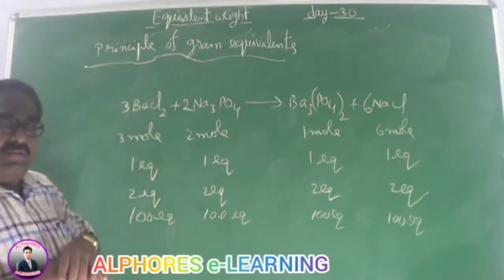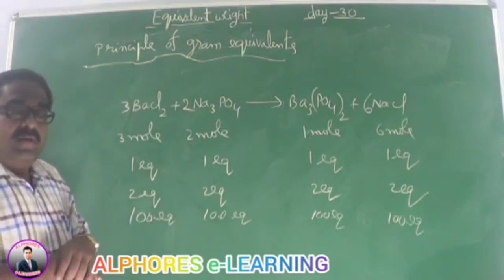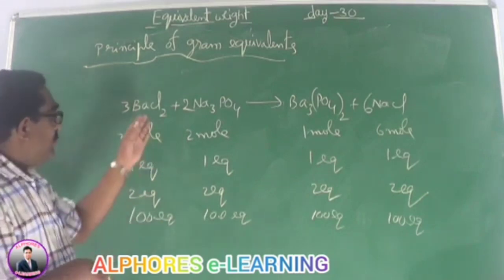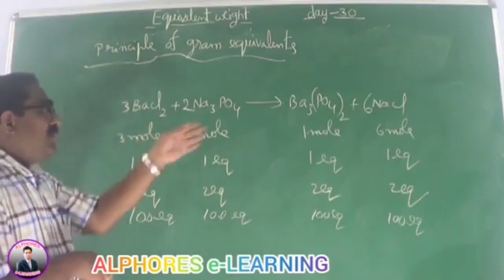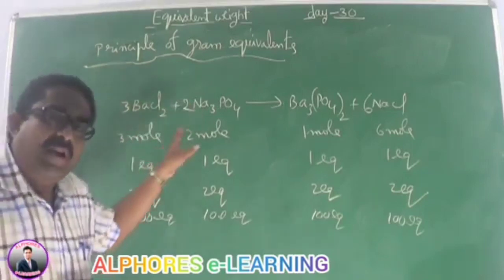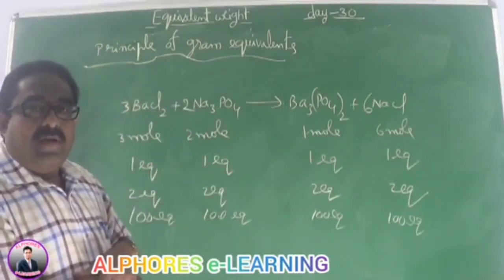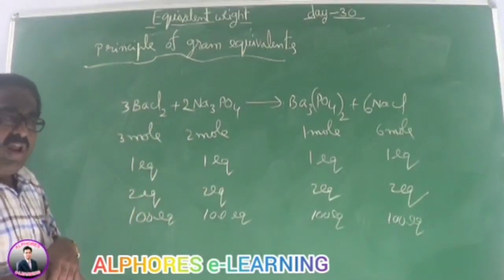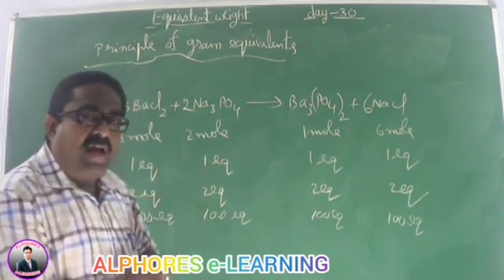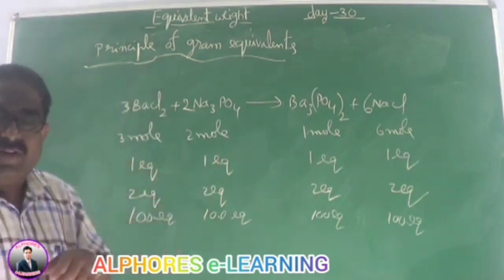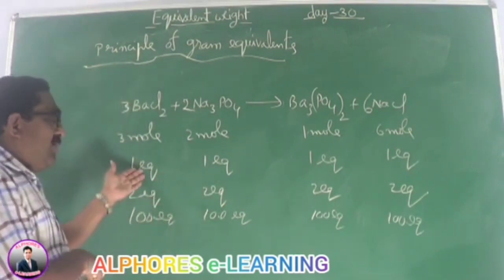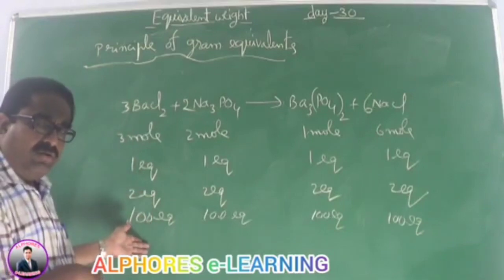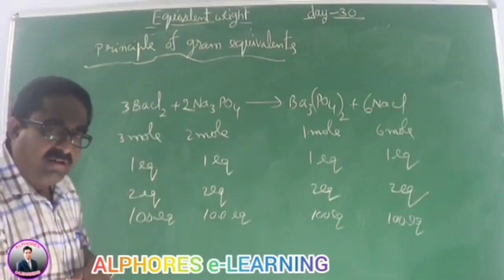Meanwhile, please write down this example. In a chemical reaction, the moles of reactants and products may be different, but according to the principle of gram equivalence, the equivalents of all the components are always the same for a chemical reaction. That's what I have written here while explaining the principle of gram equivalence.